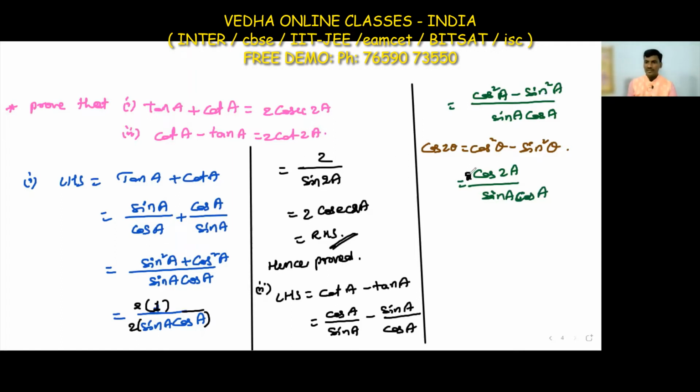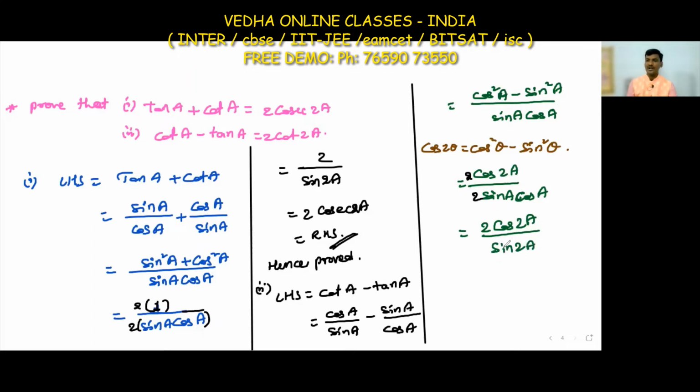So we get 2 into cos 2A divided by 2 sin A cos A, that is the sin 2 theta formula, so we get sin 2A.